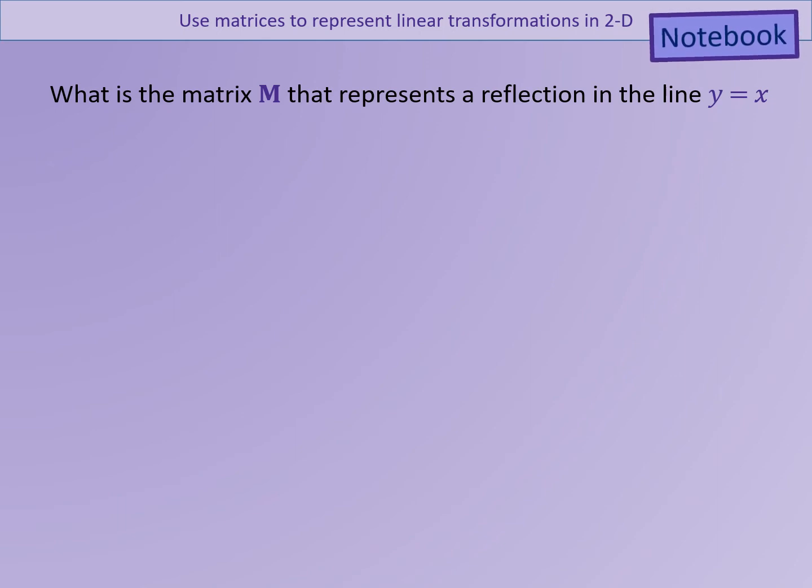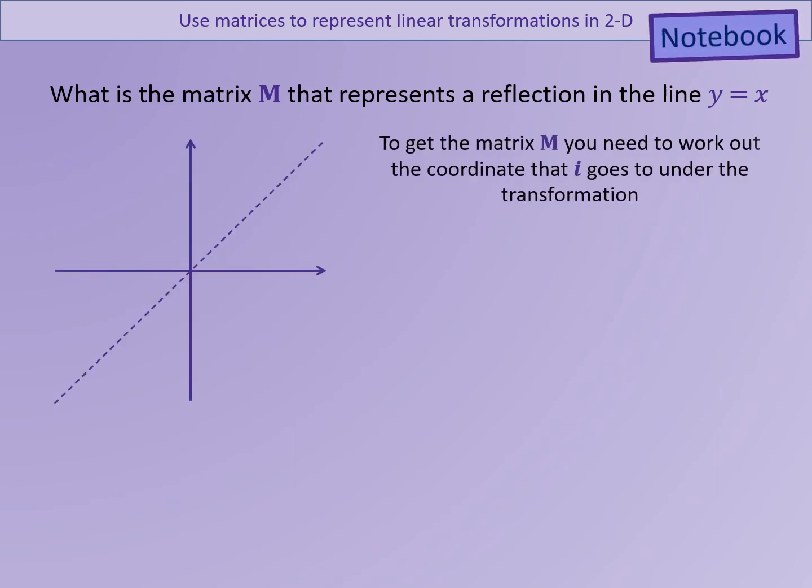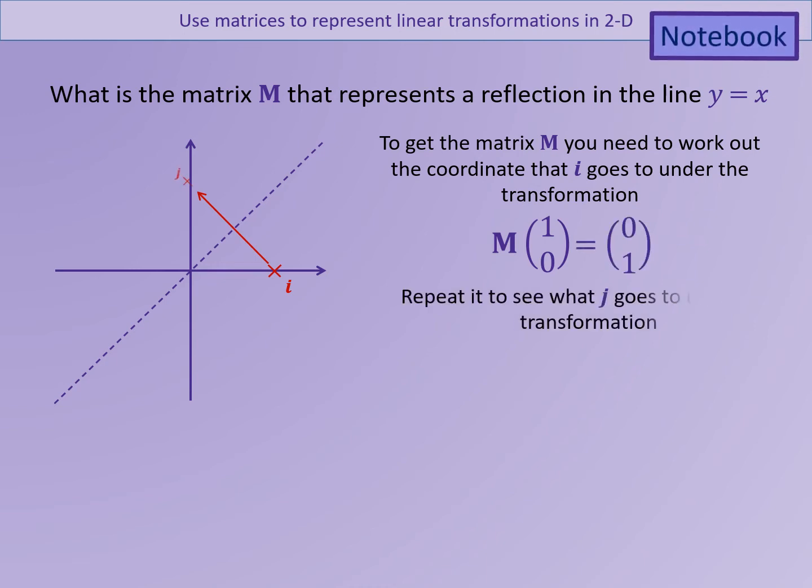What is the matrix M that represents a reflection in the line y equals x? We need to see what happens to the coordinates of i as it undergoes this transformation. So the coordinate of i is (1, 0) and it is mapped to (0, 1). Similarly, j has coordinates of (0, 1) and it is mapped to (1, 0).